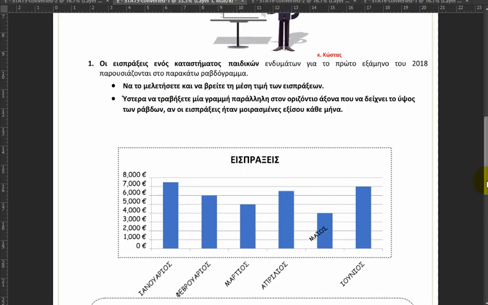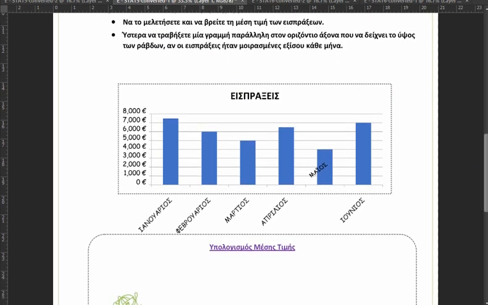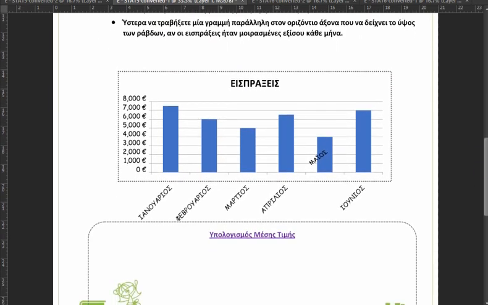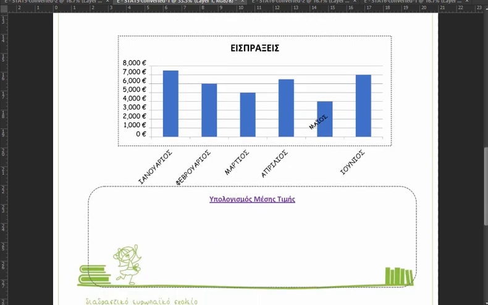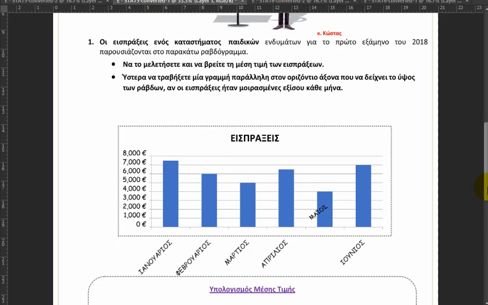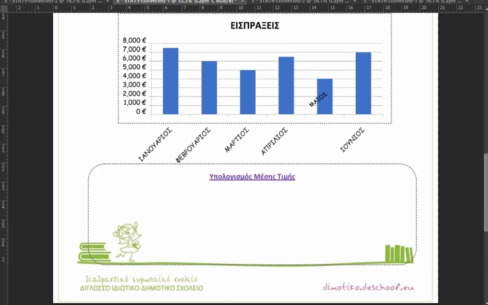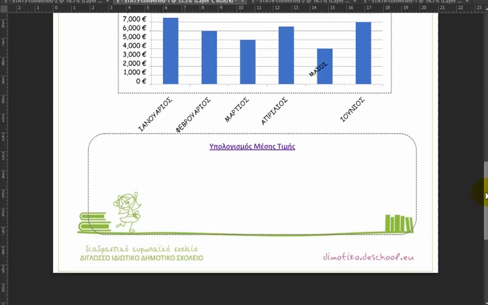We can see how much money the store earned over a few months, right? And we want to find the average. So let's find the average.